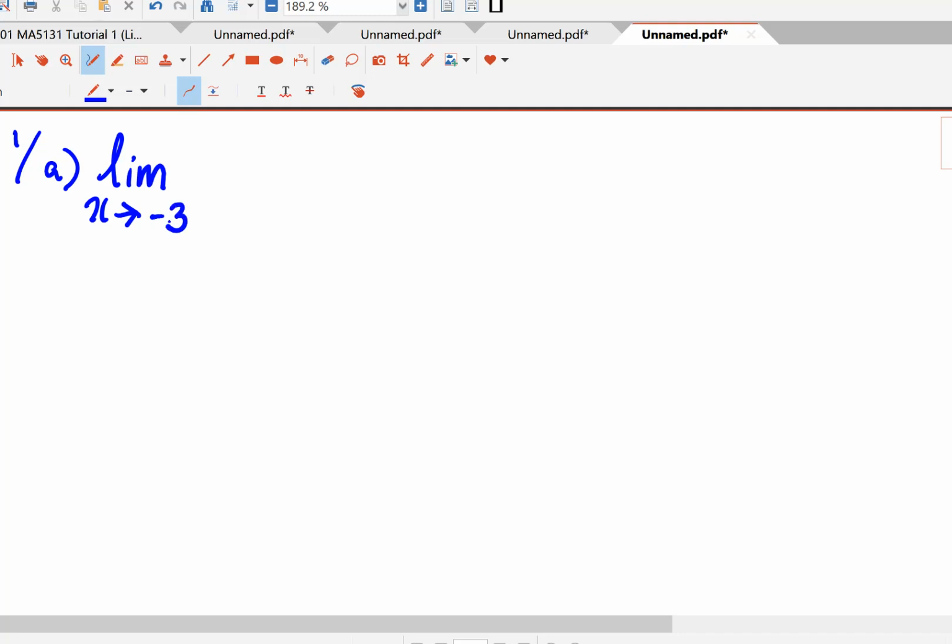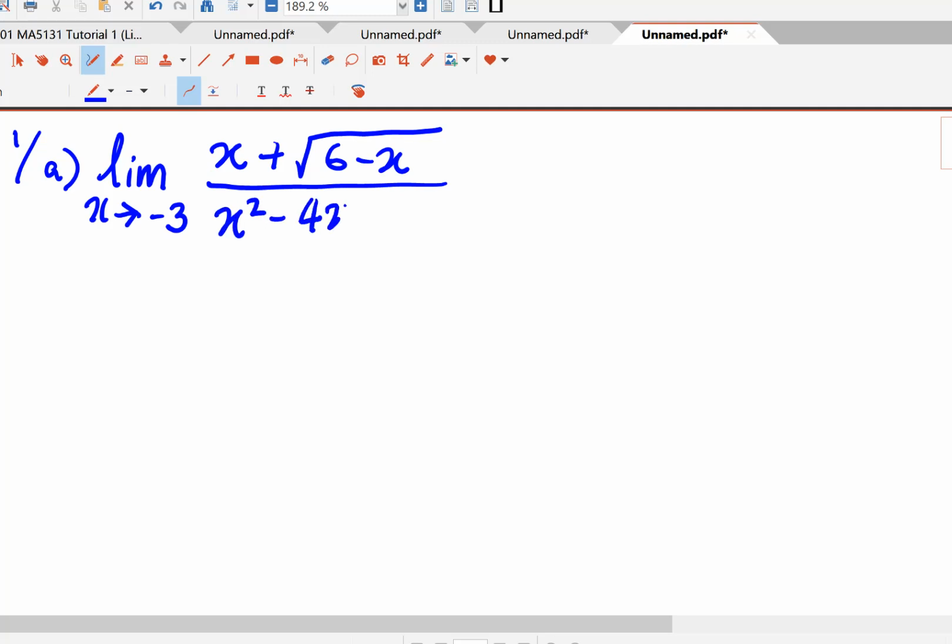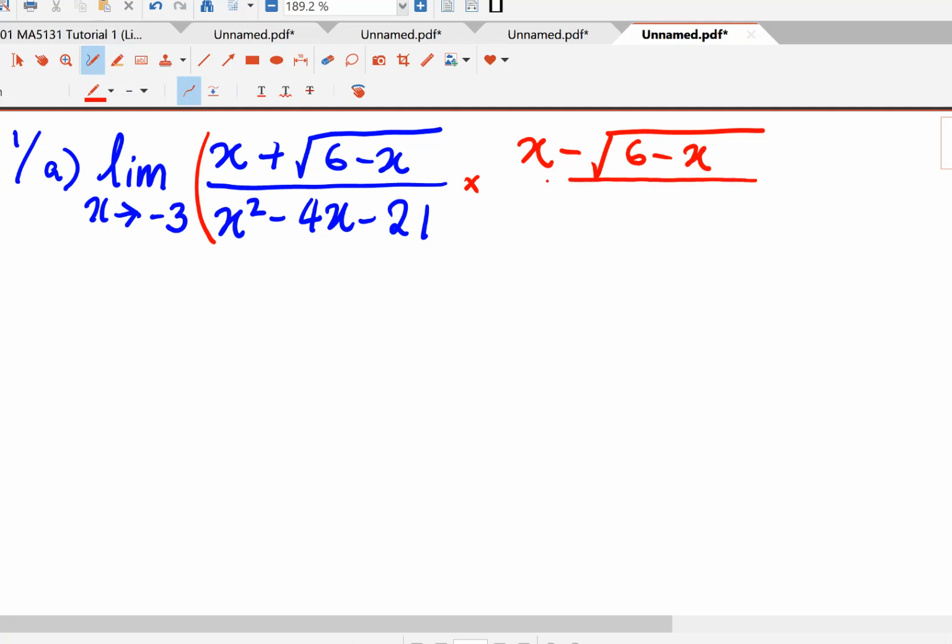Minus 3, this x plus 6 minus x over x squared minus 4x minus 21. For this question, we are going to multiply the top and bottom by the conjugate, which is 6 minus x.